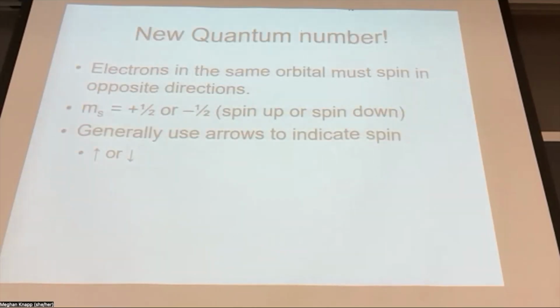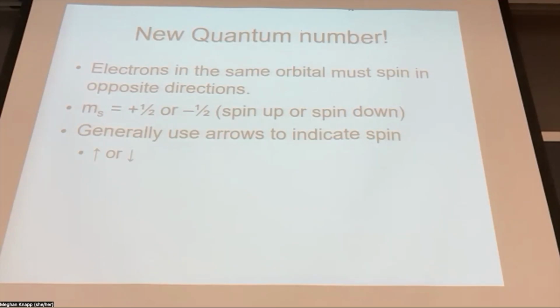Okay. So our new quantum number is m sub s. So we have an m sub L and we have an m sub s. The m sub s only has 2 possibilities, 1/2 and -1/2. It can't be anything other than those 2 things. So positive 1/2 is for spin up, negative 1/2 is for spin down.